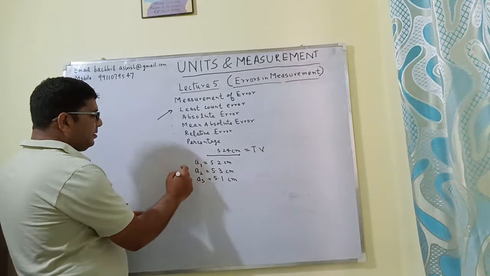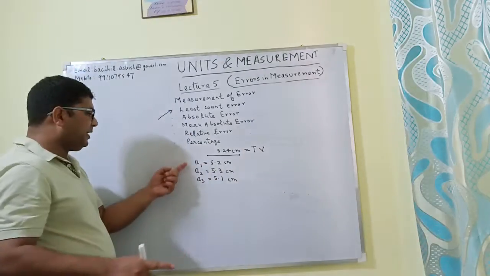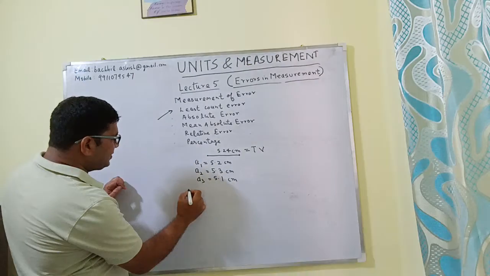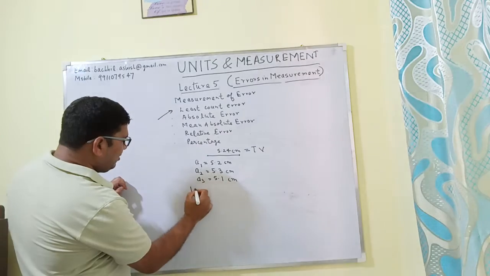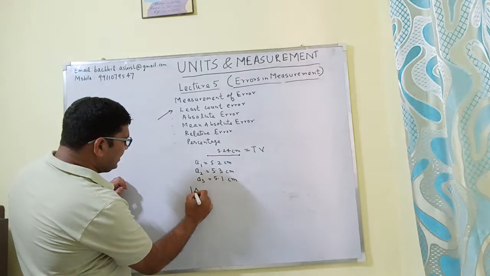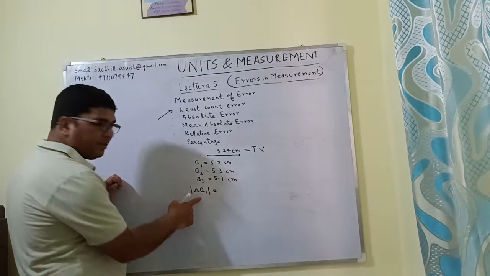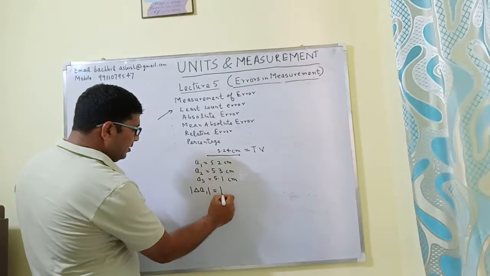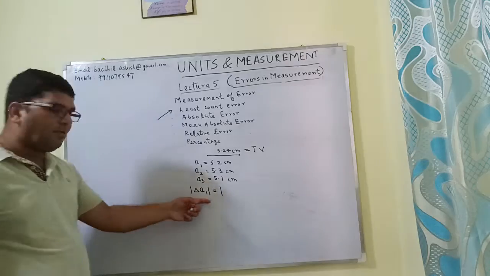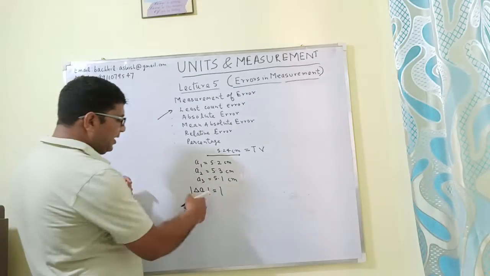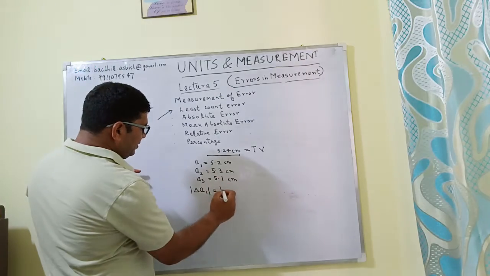Absolute error pertains to each and every measurement. That is, absolute error is written as delta A1, and this is a mod. I will try to explain why it is a mod.